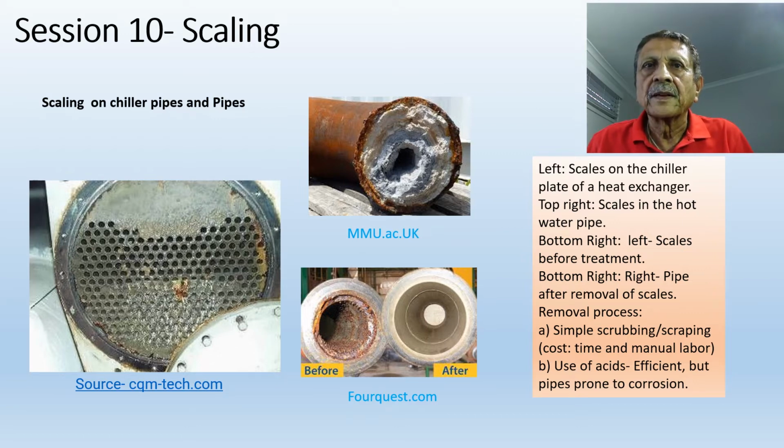However, caution must be exercised when you use acids, because the same acids that will remove the scales can also attack the walls of the pipe and eventually corrode it to a level that reduces the thickness of the pipe.